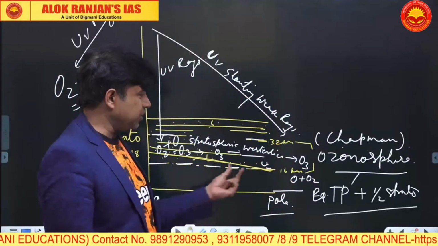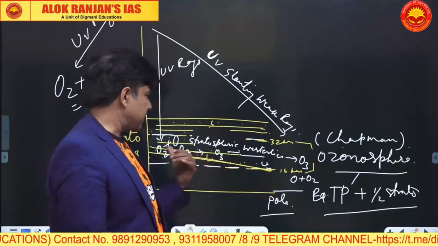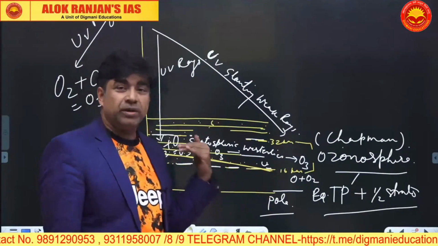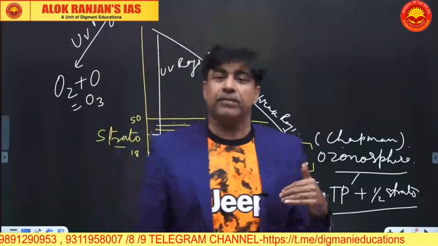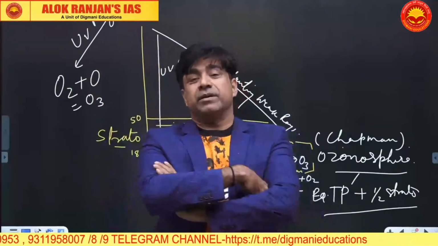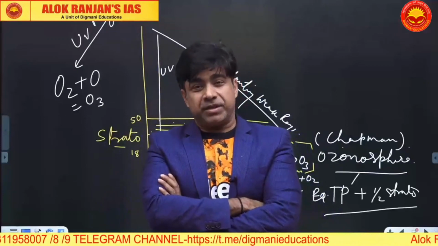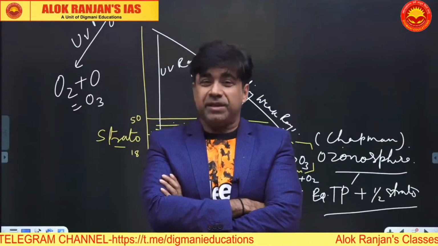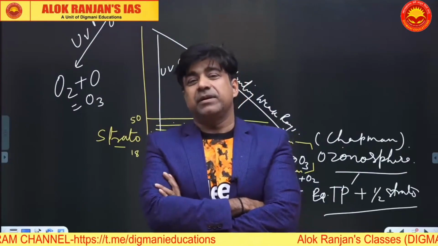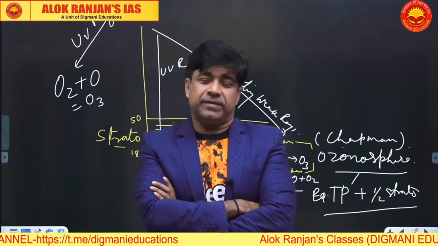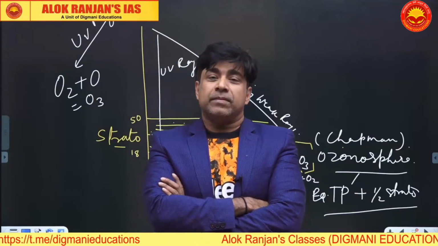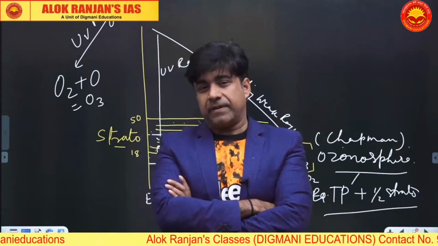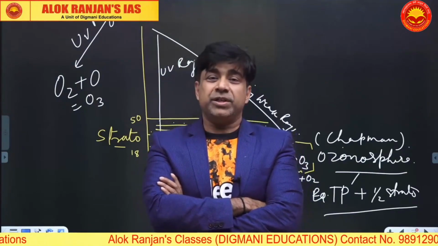So please write, along the pole, the stratospheric westerlies are transporting ozone towards pole, where due to the winter nights and meager amount of UV rays, absence of UV rays, the ozone is depleted.